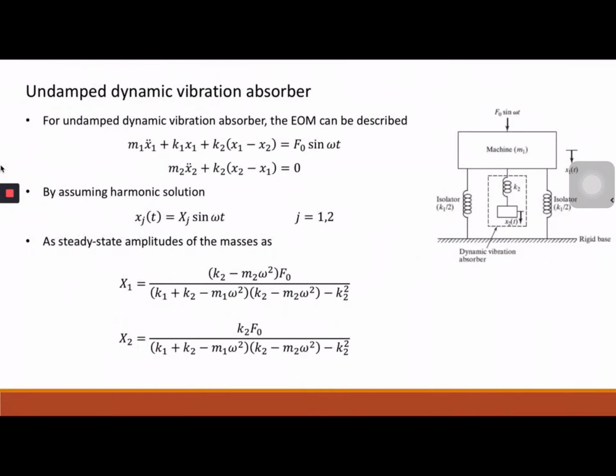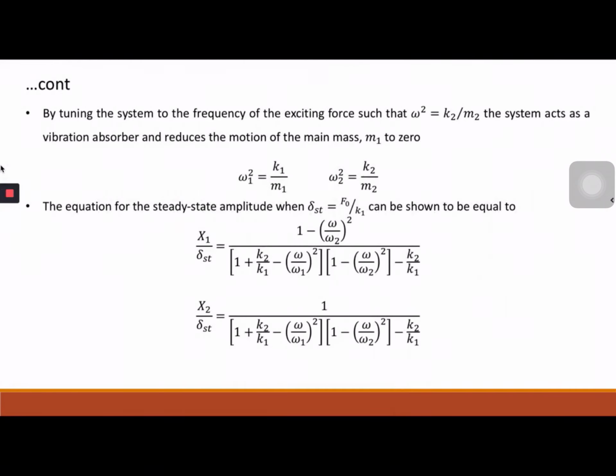So if we tune the system so that the frequency equals k2 over m2, the natural frequency of the absorber, we want it to reduce the motion of the main mass m1 to 0.